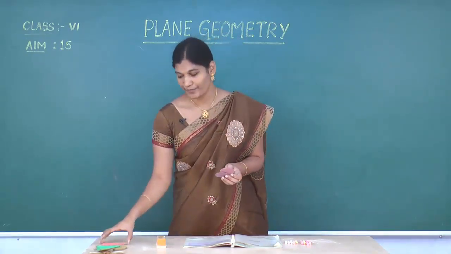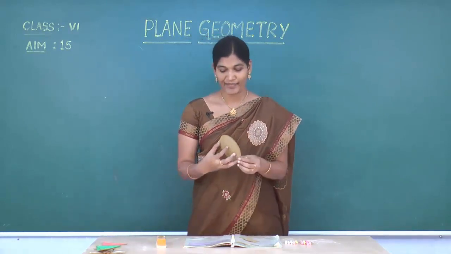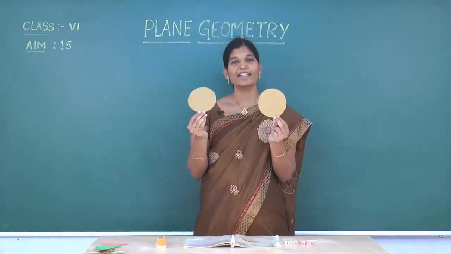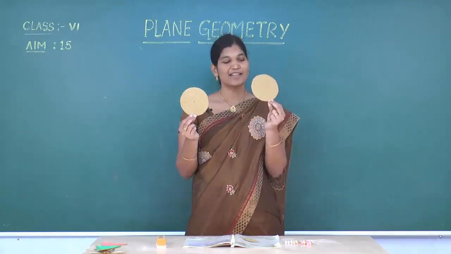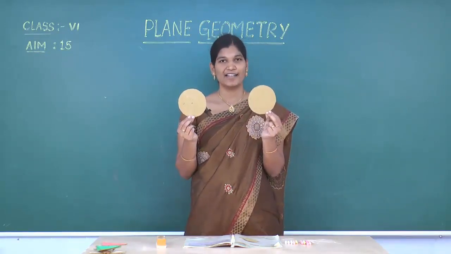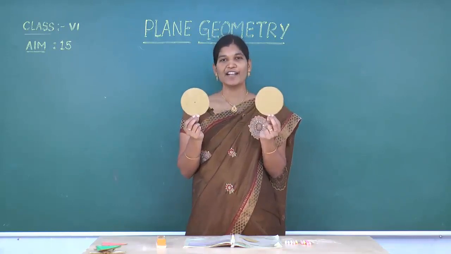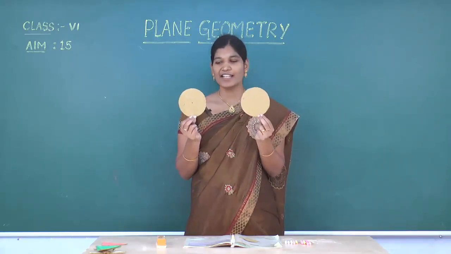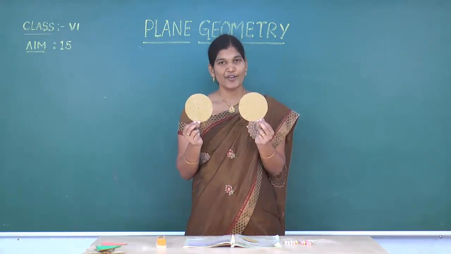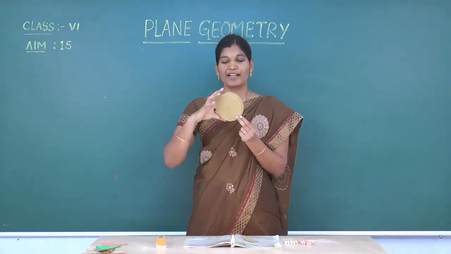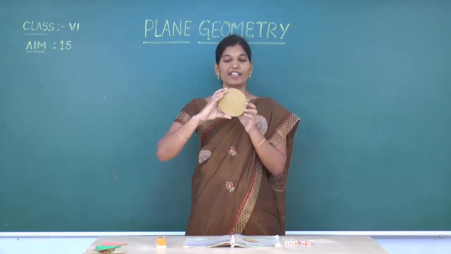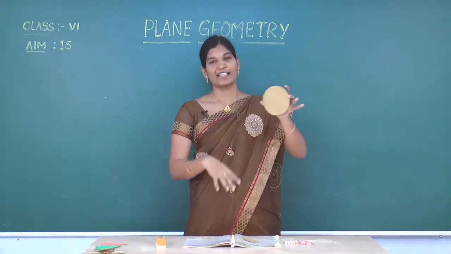Let me show you two more circles. See here. Are these similar figures or not? Yes. Why? Because this is a circle shape and this shape is also a circle. Can we say these two figures are congruent? Yes. Why? Because the radii of these two circles are the same.